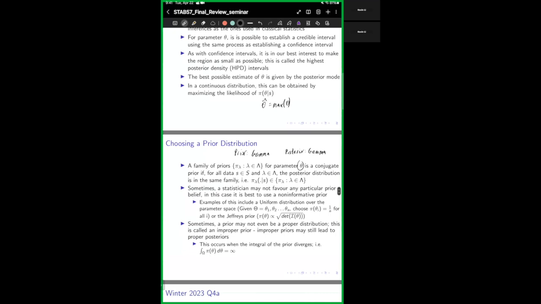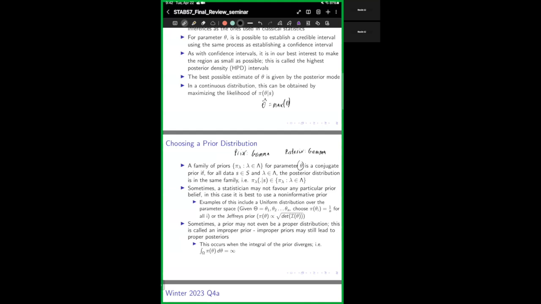Also, sometimes a statistician may not favor any particular prior. For example, if we don't have any evidence regarding whatever we are sampling, we may choose a non-informative prior. Typically, this would be a uniform distribution over the parameter space.